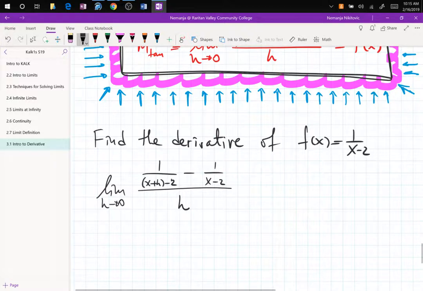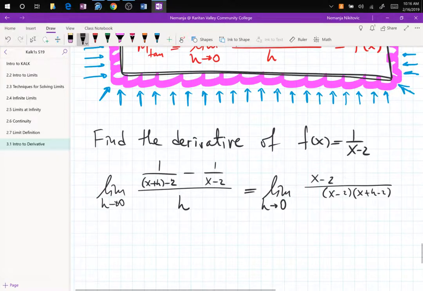So in the first one, x is replaced by x plus h, has to keep the same form. The second one is as is. And I'll just grind through algebra. Cross multiply, get the common denominator x minus 2 and x plus h minus 2. So now when you multiply, you get minus x minus h plus 2, everything divided by h, and you can put over 1 for a double fraction, if that helps you visually.